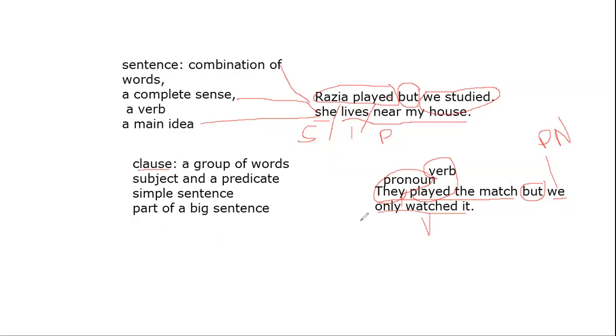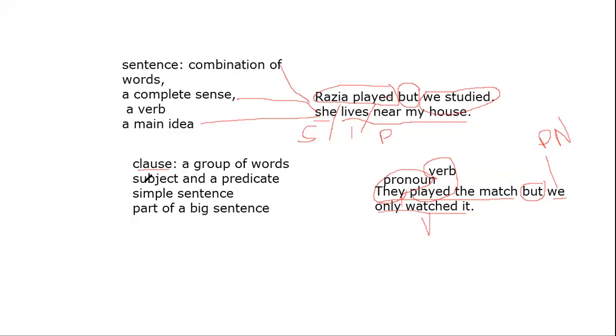So these are in fact two sentences, but what kind of two sentences? Two simple sentences, and we call them clauses. ठीक है. And what is the subject here? They. In this one, what is the subject? We. So what is a sentence, students?